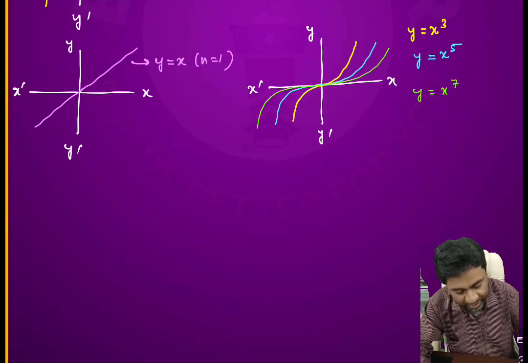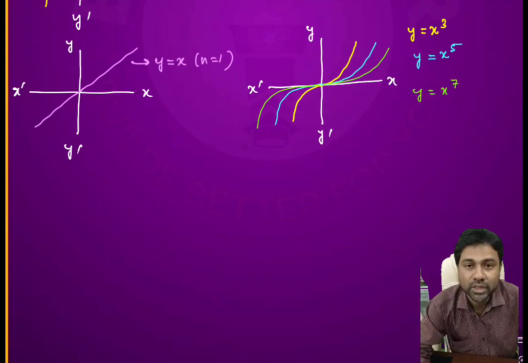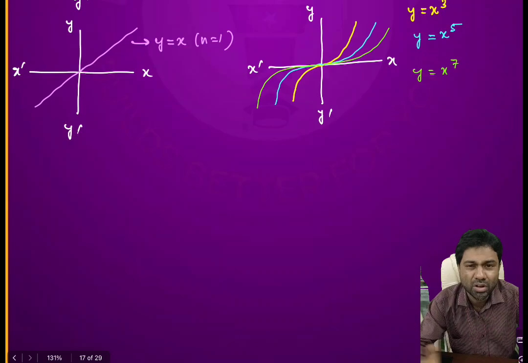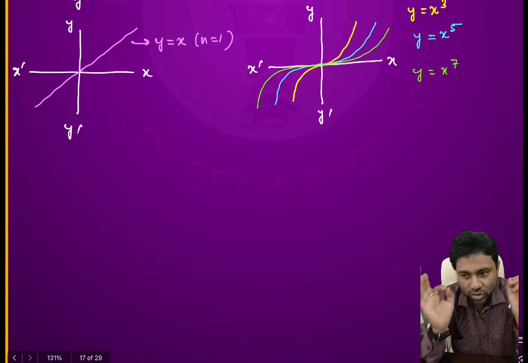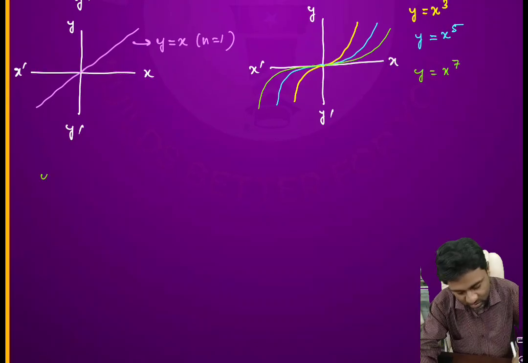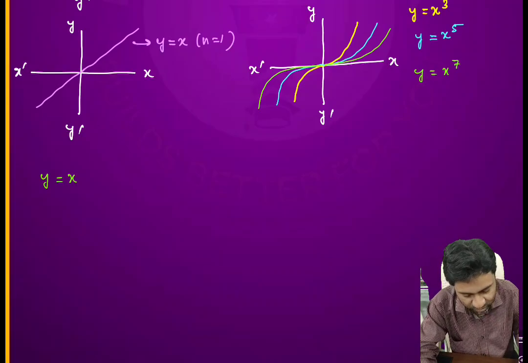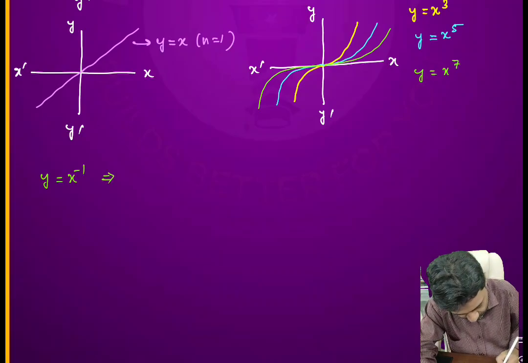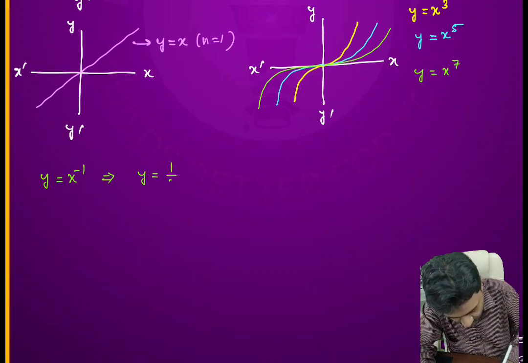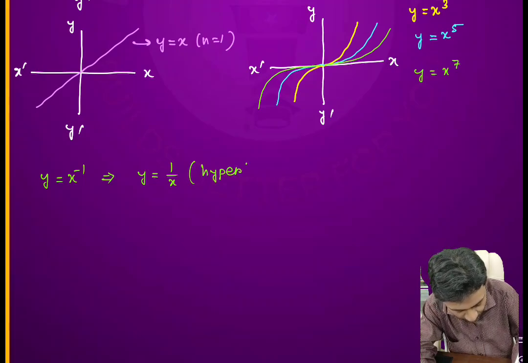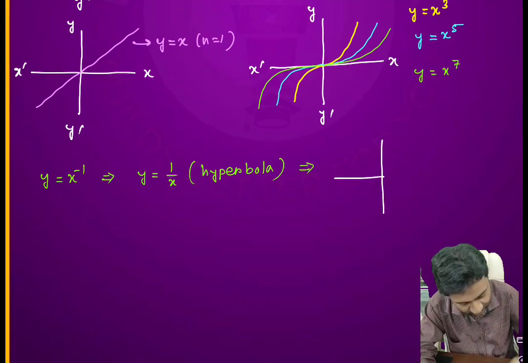But what happens if n is negative? Let's discuss a few of them. We will not generalize this part because not all negative powers are required for us. We will just discuss a few of them. Like y equals to x to the power minus 1 or y equals to 1 by x. You all know that this graph will assume the shape of a hyperbola. It's a hyperbolic relation.